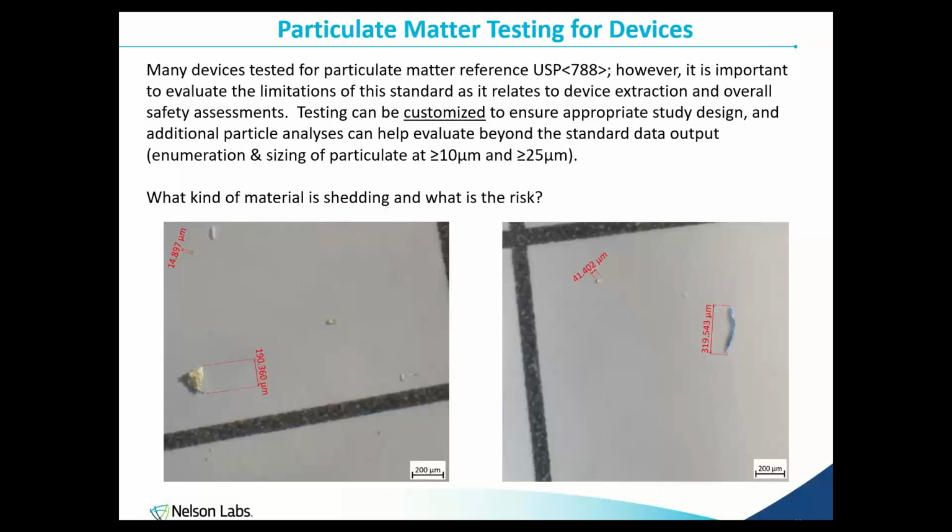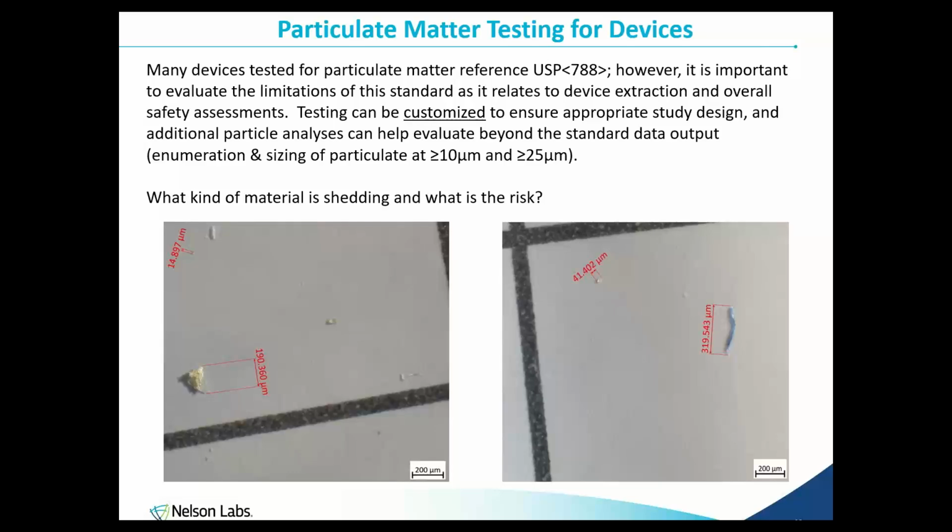An easy example of that, to begin to look at what you can assess in terms of device safety, is particle sizes. In the images below, the annotations are small, but the larger particles, the one on the left and the one on the right, are measured at almost 200 microns and over 300 microns. In a standard USP 788 reference test, that's going to show up as one particle greater than or equal to 25 micron.